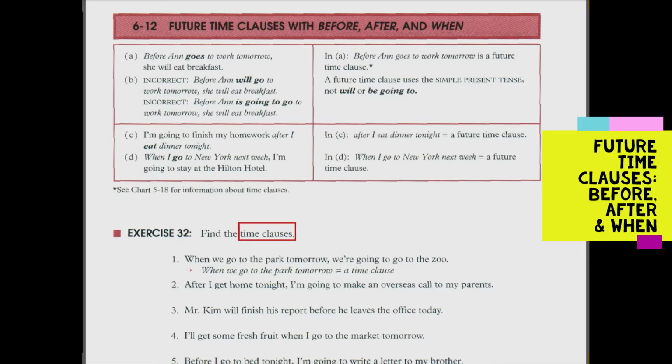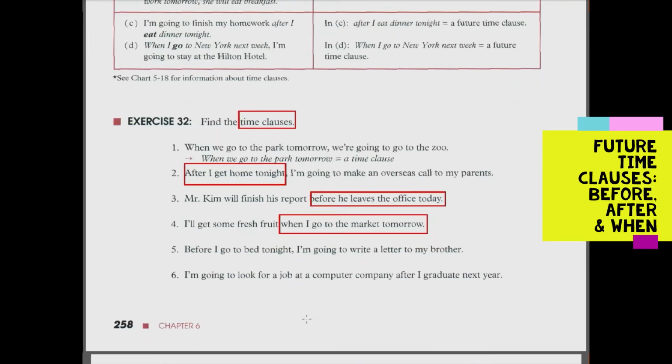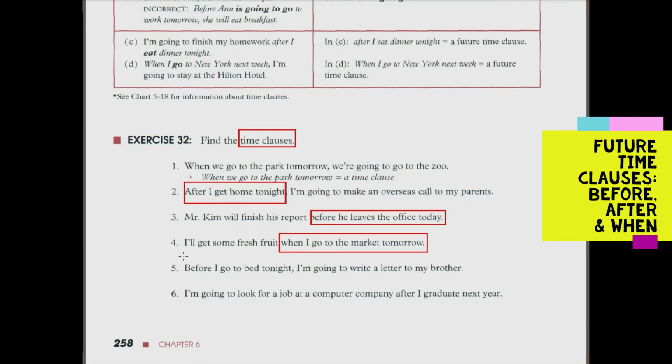Exercise 32, the time clauses are: after I get home tonight, before he leaves his office today, when I go to the market tomorrow, before I go to bed tonight, and after I graduate next year. Those are time clauses, and they are connected to the future.